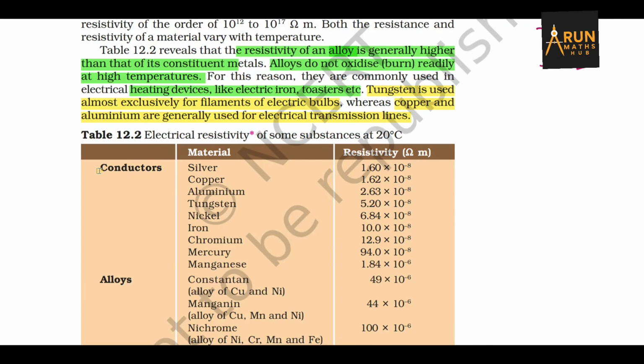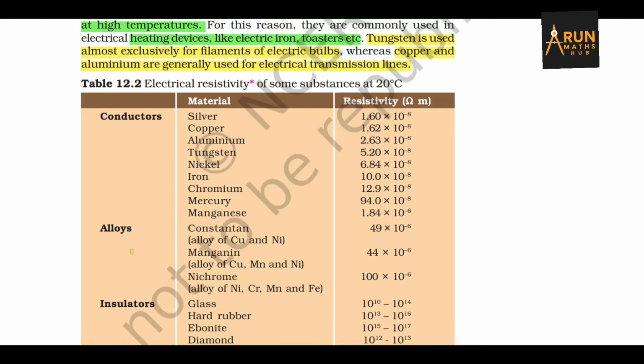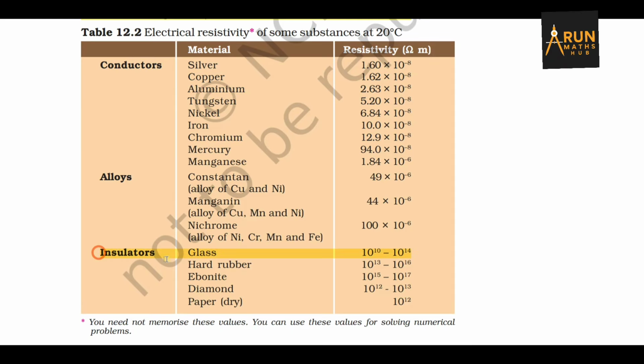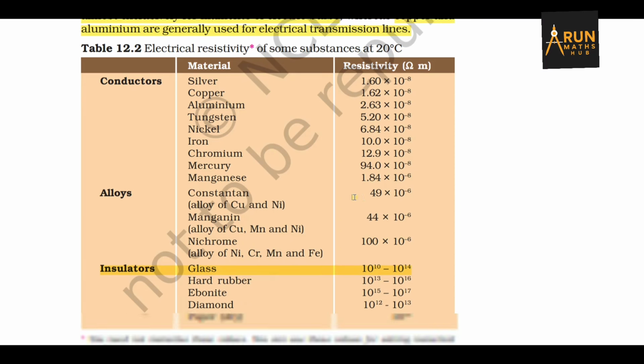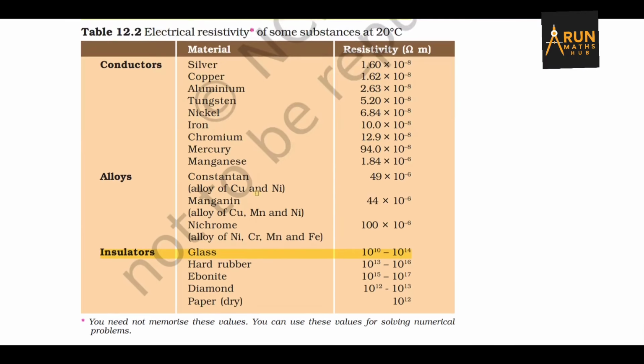So you can see the resistivity of different conductors, insulators and alloys. Insulators generally have higher resistivity when compared to alloys, and conductors have lower resistivity values. So in the examination you can expect a question where they give a table with different resistivities.